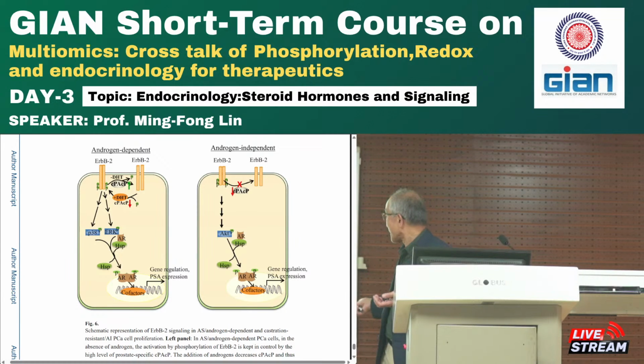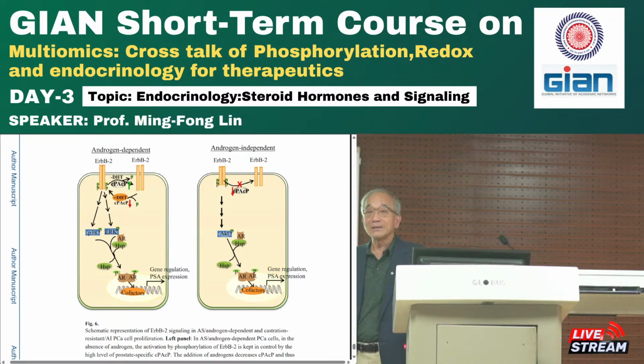going up. The PSA is a marker, as I mentioned, it's a prostate cancer marker. Then why in prostate cancer does the PSA go up? Because we have other publications showing ERB2 can upregulate PSA expression. Okay, ERB2 tyrosine phosphorylation can indirectly, through the pathway, activate the androgen receptor. Then the androgen receptor can turn on the PSA secretion.